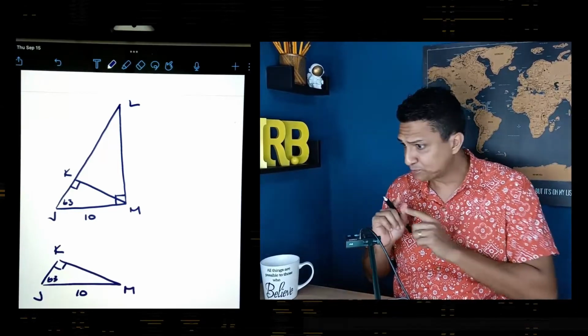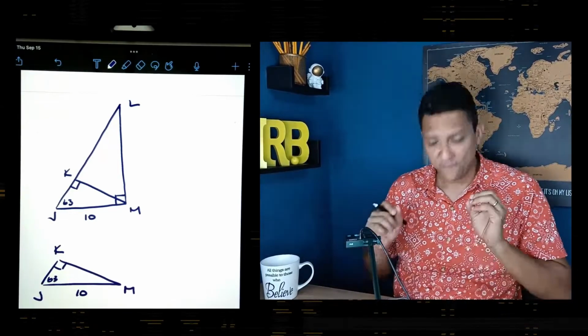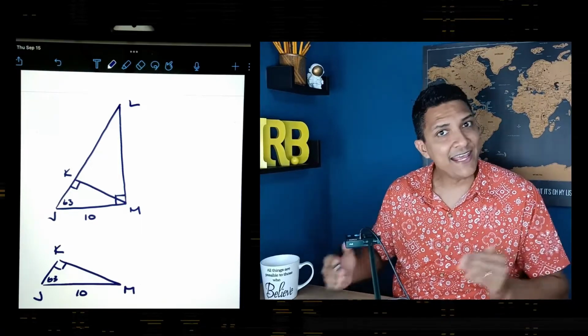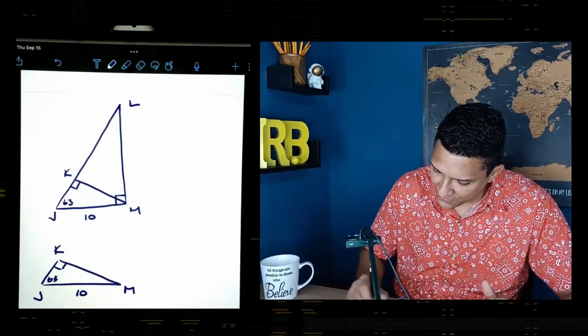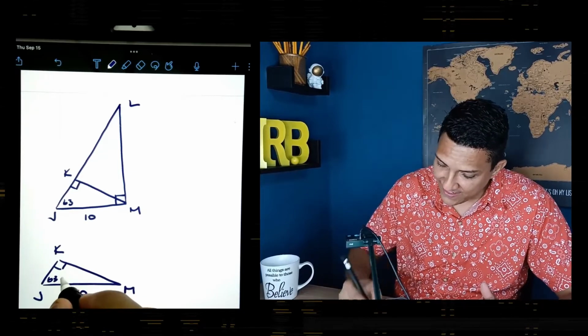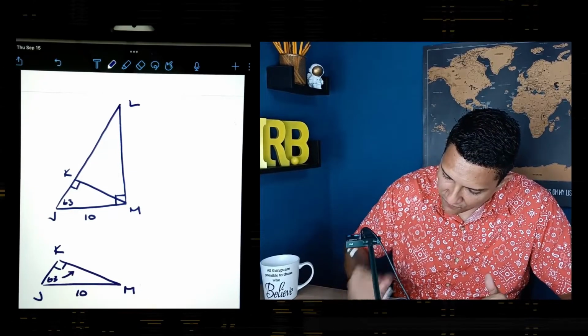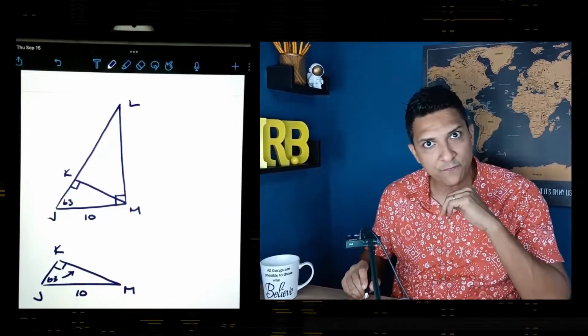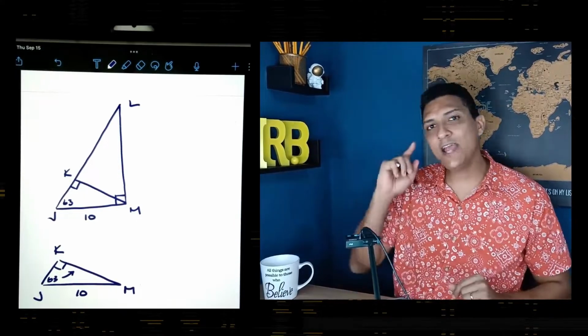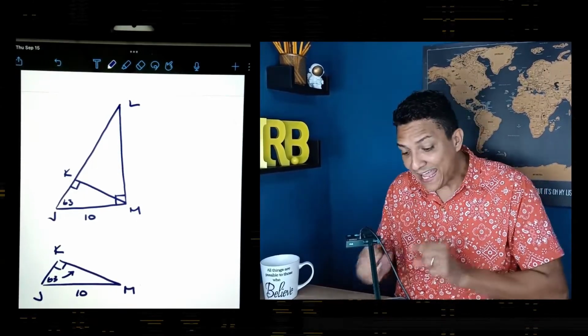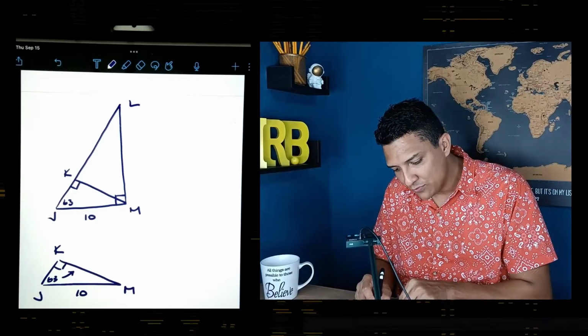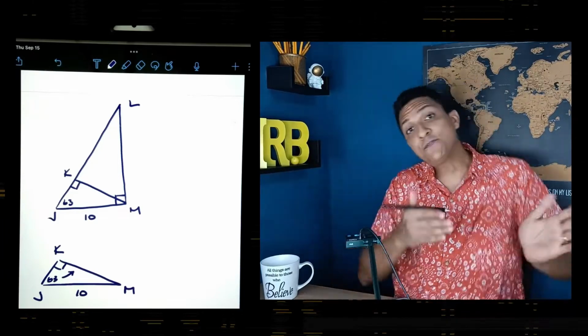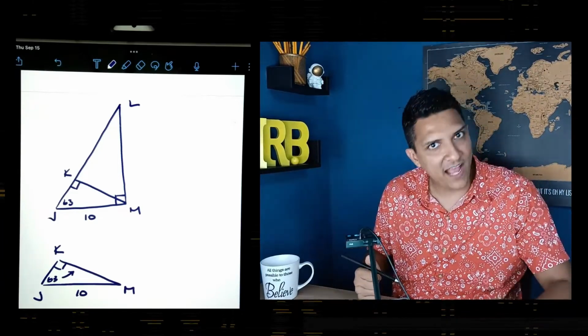So notice something. The first question here is find the side KM. And when I see this triangle that is here, the side KM is just in front of the angle of reference. That means that is the opposite side. And the number 10, which is the given side, is in front of the 90 degrees. That means that it is the hypotenuse.